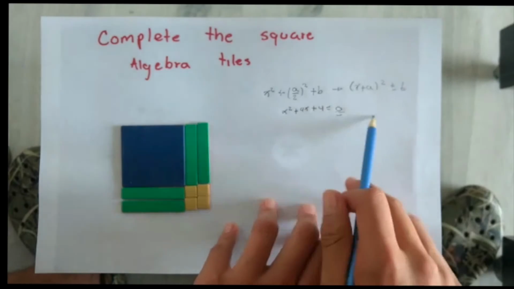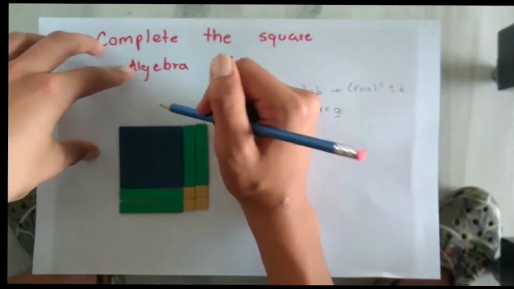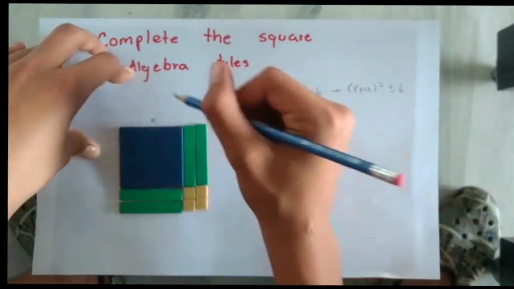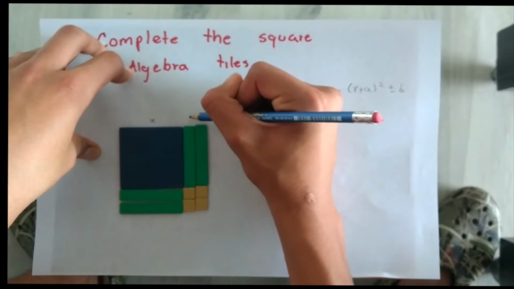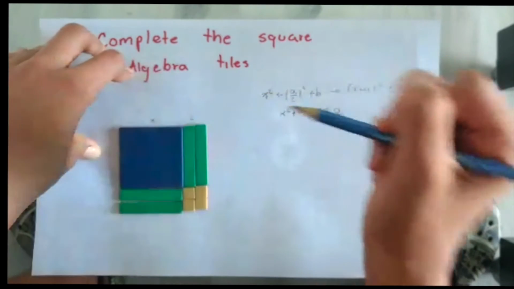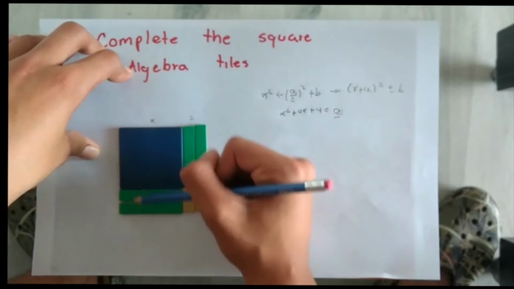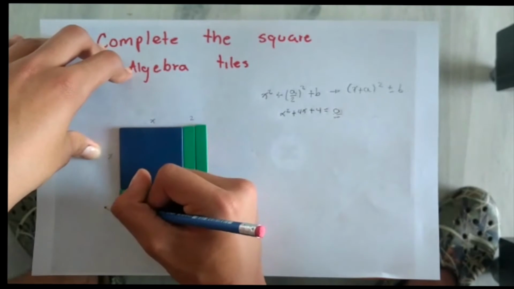So with this we know that this is a perfect square. Here this side will equal x and 1 and 2, and the other side is x and 1 and 2.